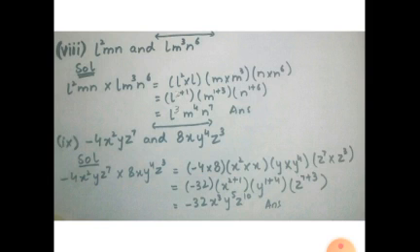So it becomes minus 4 multiplied by 8, and then like terms, x² into x, y into y⁴, and z⁷ into z³. So minus 4 into 8 becomes minus 32. Then x^(2+1), then y^(1+4), and then z^(7+3). So when we add these powers, the answer becomes minus 32x³y⁵z¹⁰.